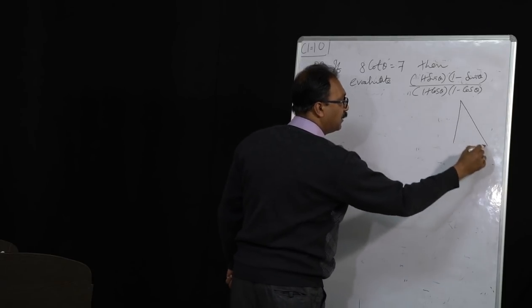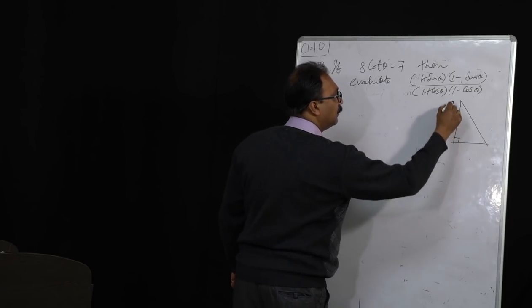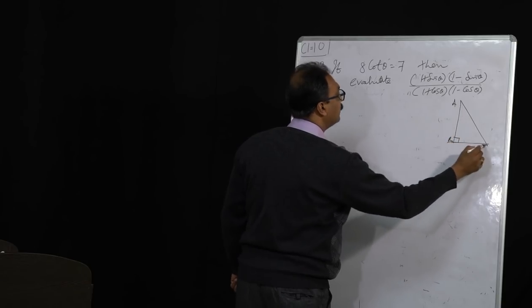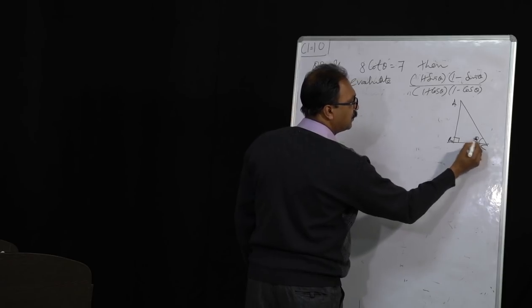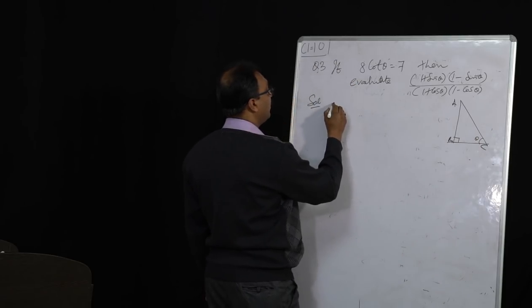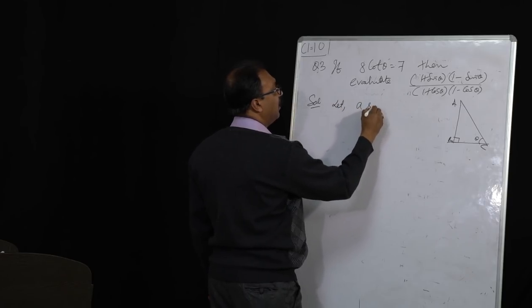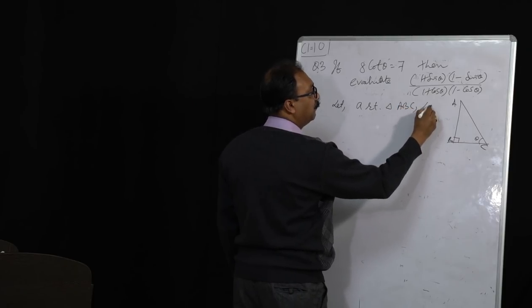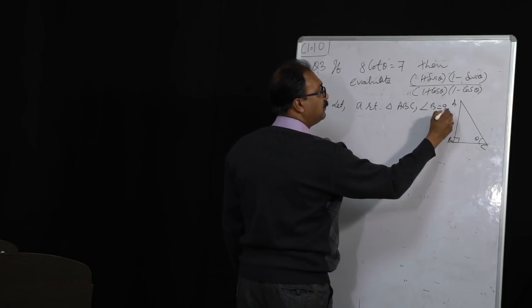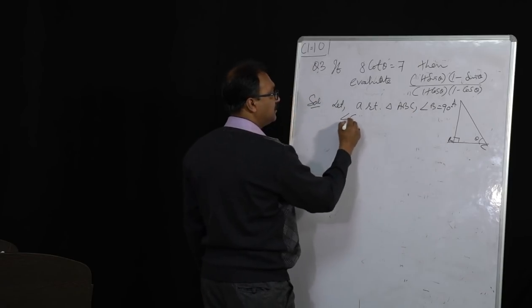In the solution part, look at this. At the side I draw a right triangle ABC. They have given theta, so you can mention it anywhere. So you consider theta here. Let a right triangle ABC, angle B equal to 90 degree, angle C equal to theta.